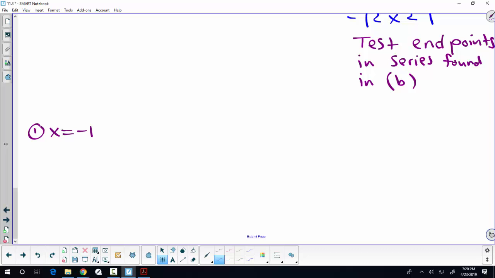So when we test these endpoints, we always default back to a previous test. Is it geometric? Is it telescoping? Is it an alternating series? Is it a p-series?